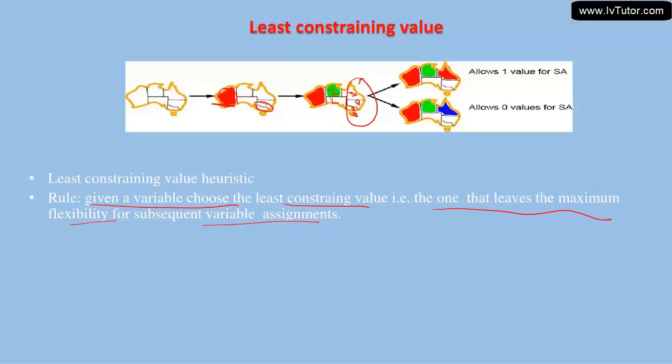Right. So if we assign, say, red here, then here we have 2 and 2, and 3, 3. So we need another assignment that will leave all these other ones with the maximum flexibility.